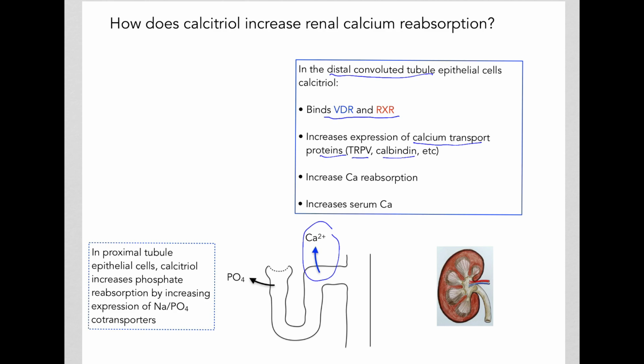And that increases the calcium reabsorption into the bloodstream, which then increases the serum calcium. Now, it should be noted that calcitriol also increases phosphate reabsorption in the proximal tubule. And it does this by increasing the expression of sodium-phosphate transport proteins.